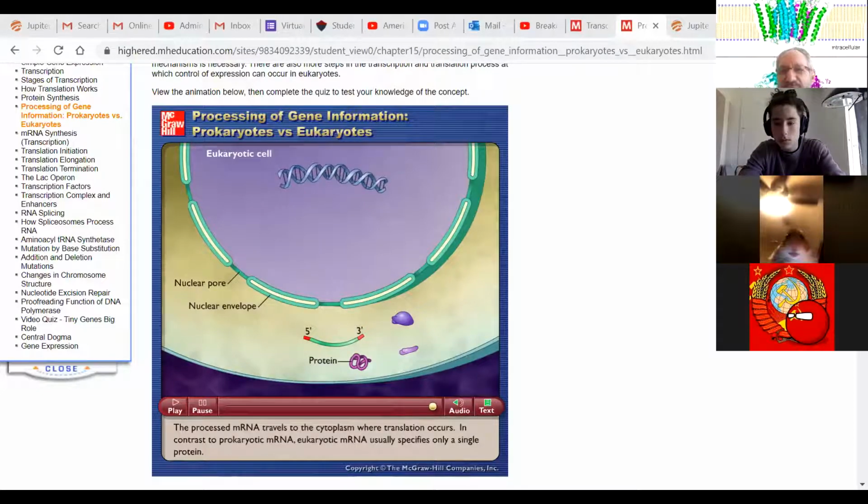Okay, so what I'm seeing is translation. If this is DNA and this is RNA, what are we looking at? It has to be transcription, Orion. Thank you.